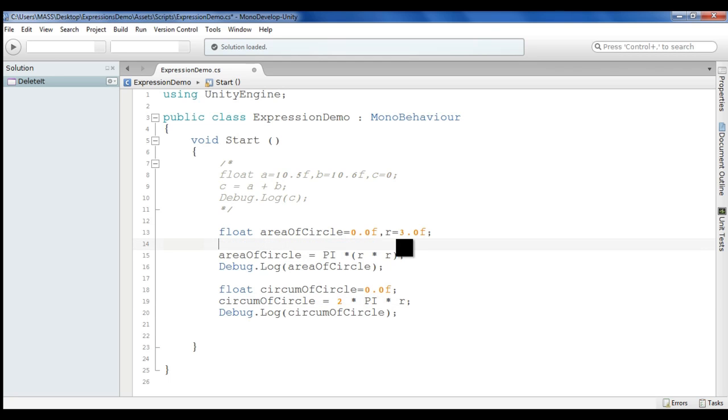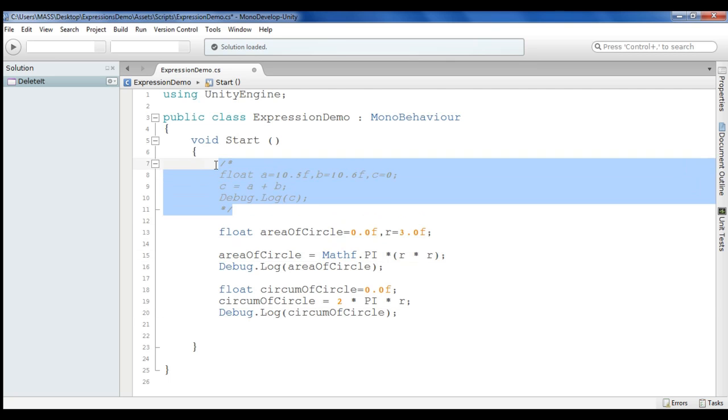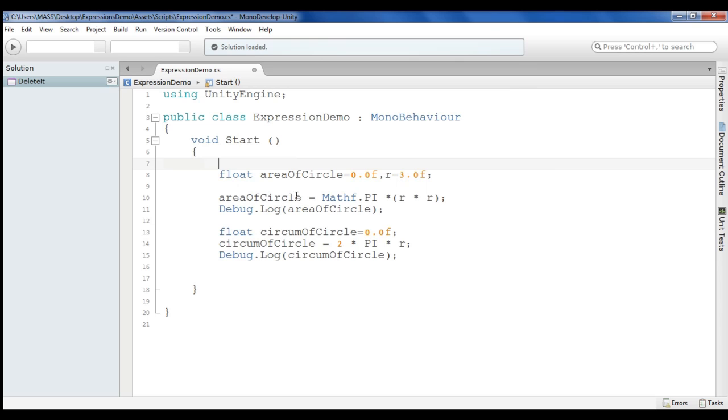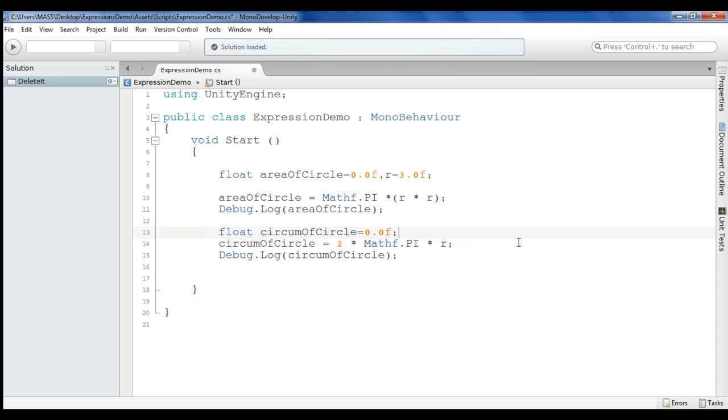I'm going to delete this constant, and directly here I will write Mathf.pi. Let me delete these expressions, and here I will write Mathf.PI. Let us save and check out.